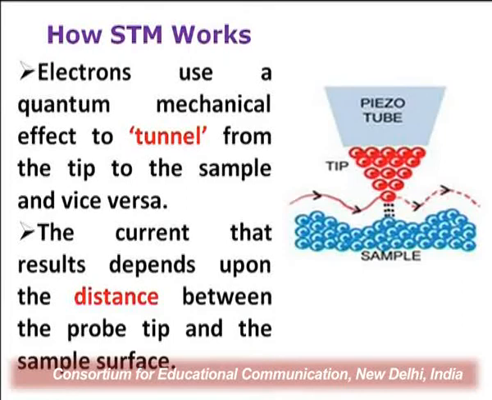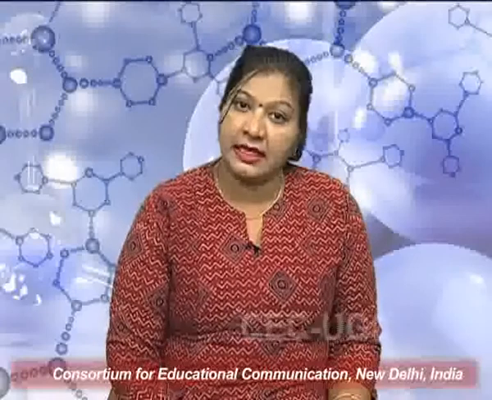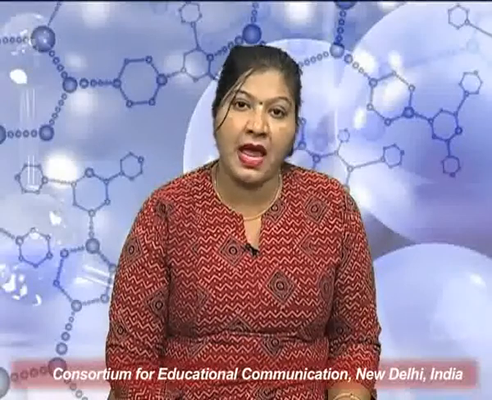Electrons use a quantum mechanical effect to tunnel from the tip to the sample and vice versa. The resulting current depends upon the distance between the probe tip and the sample surface. The tip-sample distance is adjusted by the voltage, and the current generated depends upon the distance between the tip and the sample.